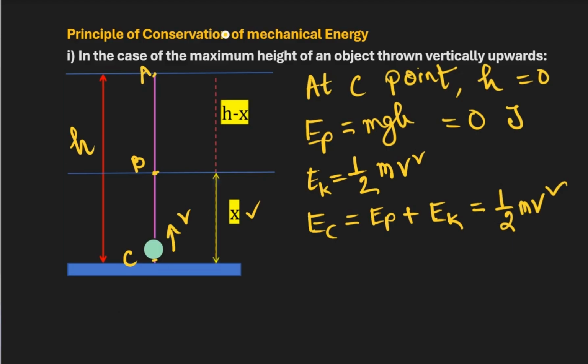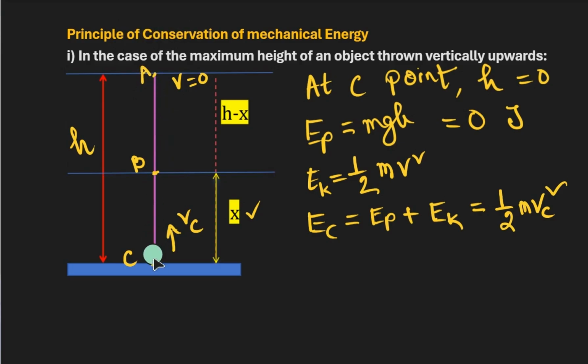At point C, let's say the velocity is Vc. When this object goes towards the maximum point, the final velocity there will of course be 0, and then it will fall down again, right?